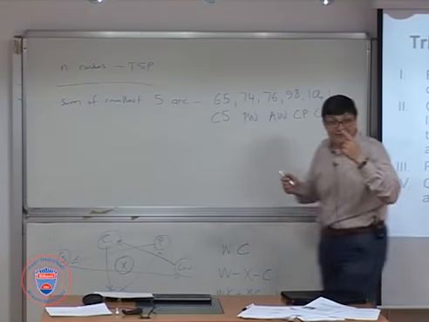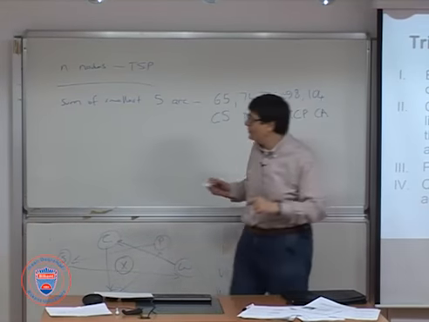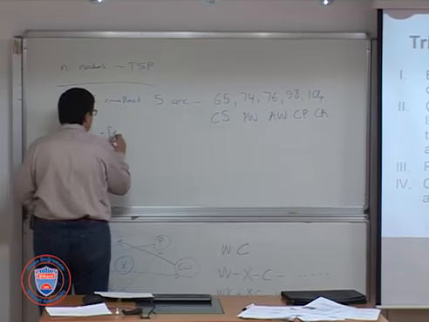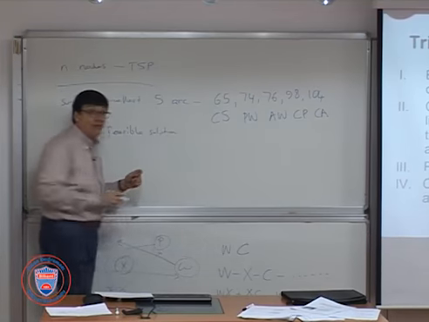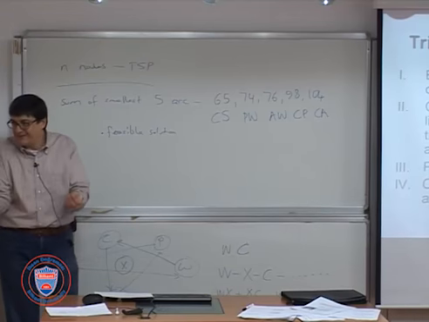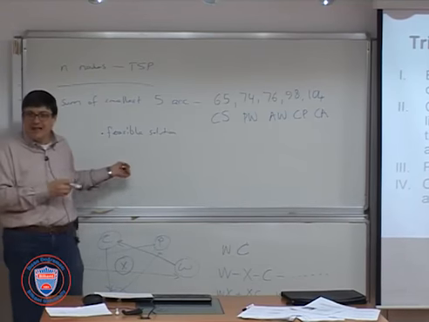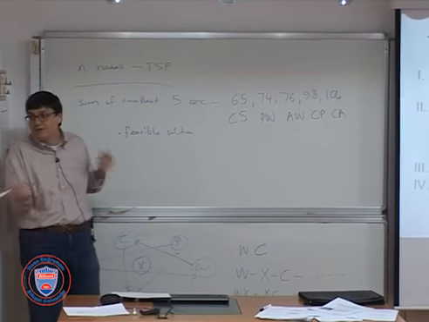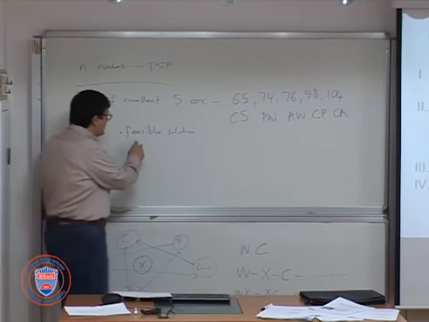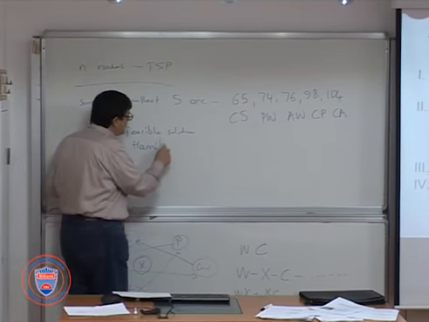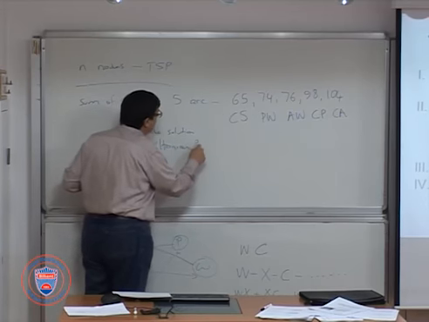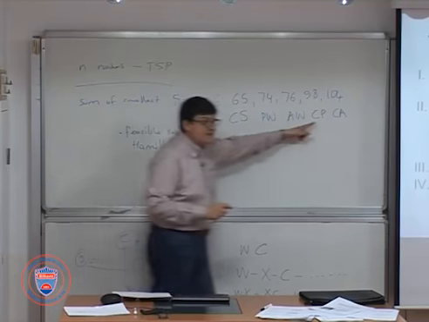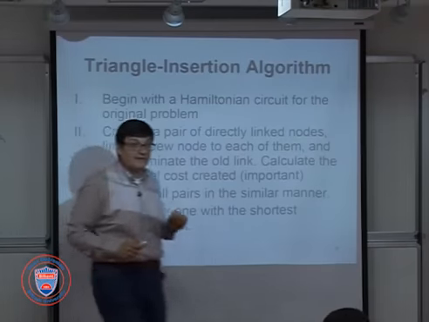Okay, so we have a few words that we should learn. Number one, feasible solution. Feasible solution means that we have a Hamiltonian path. If it is not a Hamiltonian path, it's not a feasible solution. And unfortunately this doesn't form the Hamiltonian path.